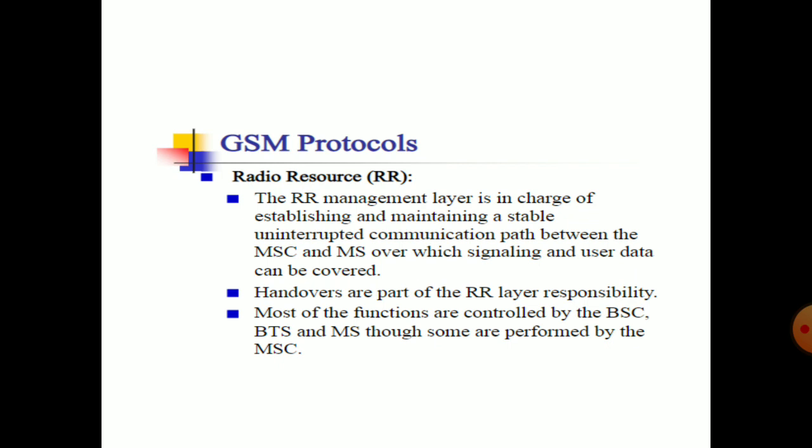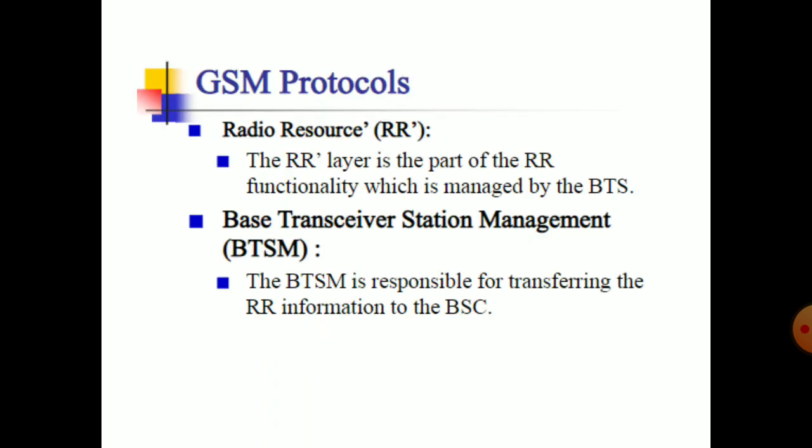And in layer 3 there is one more protocol, the GSM signaling protocol, the radio resource. The radio resource is in charge of establishing and maintaining a stable, uninterrupted communication path between the mobile switching center and the mobile station, over which signaling and user data can be carried.